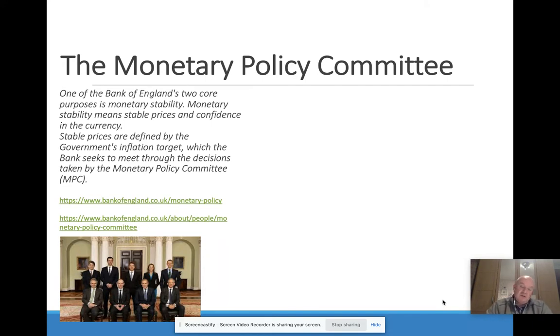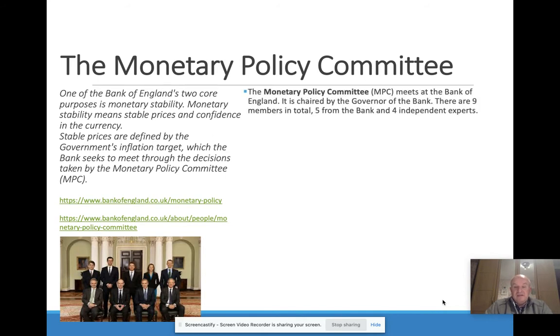Okay, so the Monetary Policy Committee are a group of people who actually come together each month and look specifically at the areas of monetary policy that they're going to decide on each. That most specifically is normally to do with interest rates or quantitative easing. So they meet at the Bank of England.